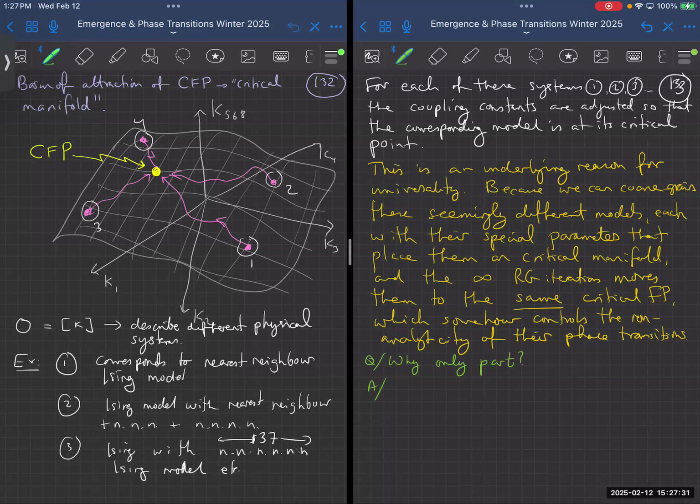Okay, so the reason that it's only part is because we are interested in singular behavior close to, but not at the critical point.